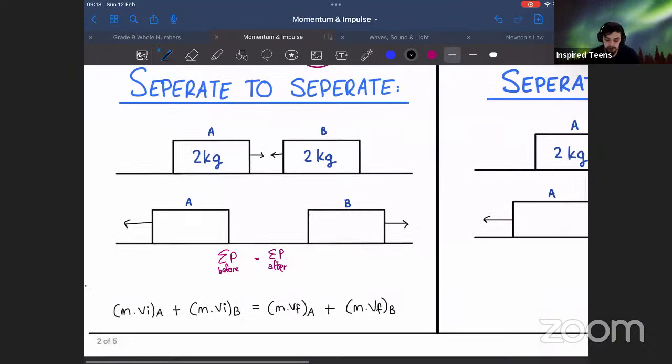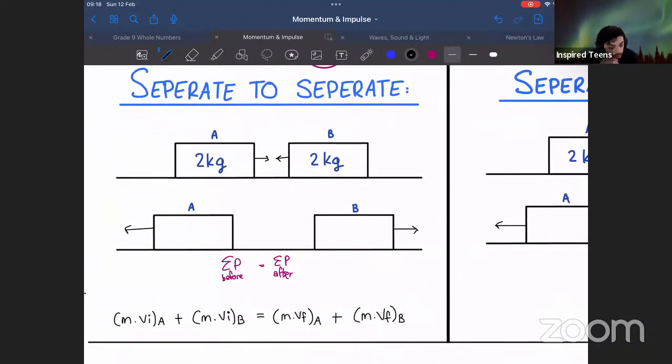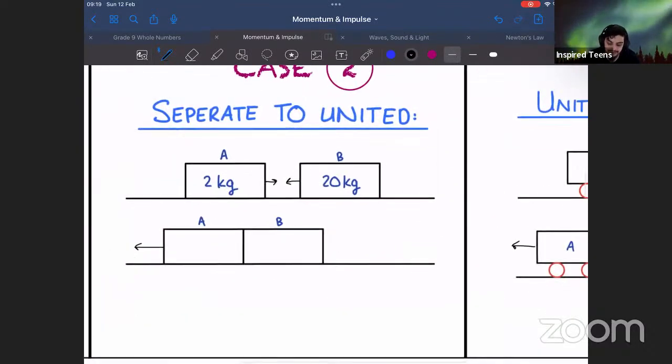So for this specific case, in fact, for all cases of linear momentum, technically you can use this formula and it's going to work. So the momentum before of both objects is equal to the momentum after of both objects combined.